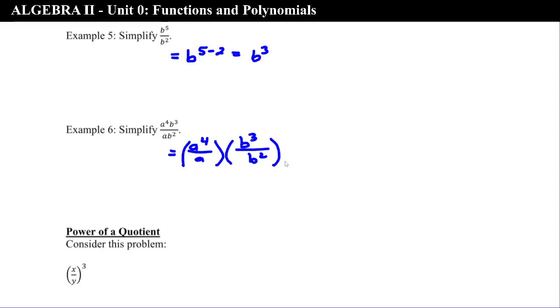And then when we do that, we can separate our terms. So we end up with a to the 4 minus 1, because we're simply subtracting the exponents, and b to the 3 minus 2. And when we evaluate that, we get a to the third times b. And we don't have to write the first power, because if we don't have a power on it, then it's understood to be the first power.